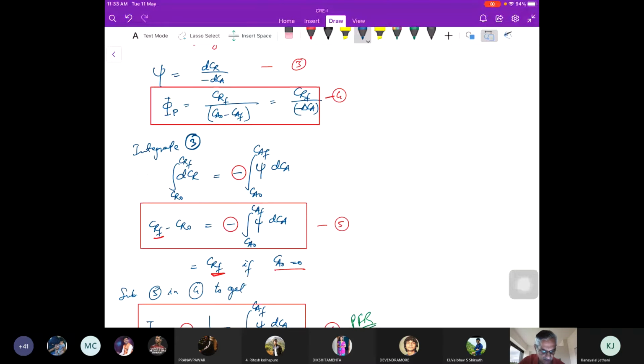So what you'll get is CRF minus CR naught equal to minus integral CA naught to CF psi dCA.